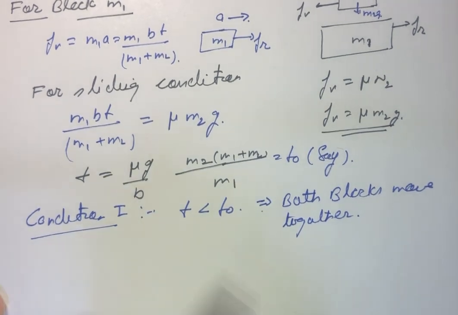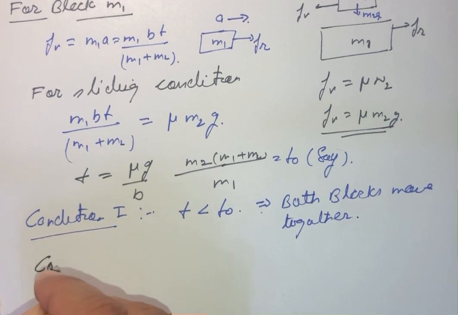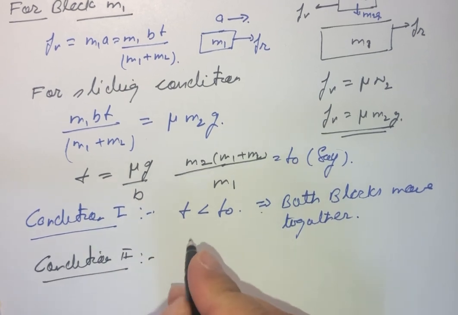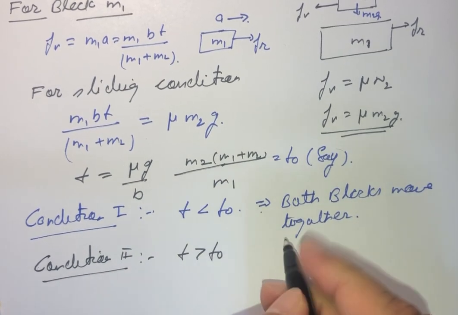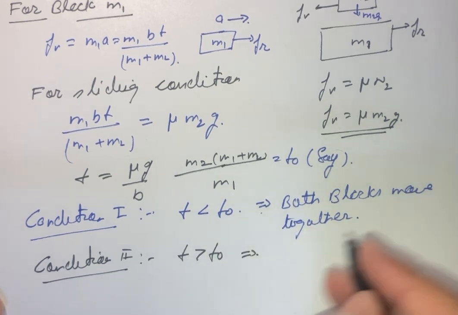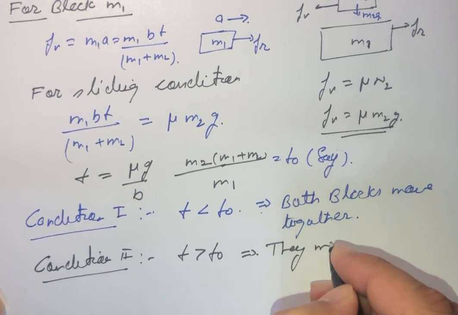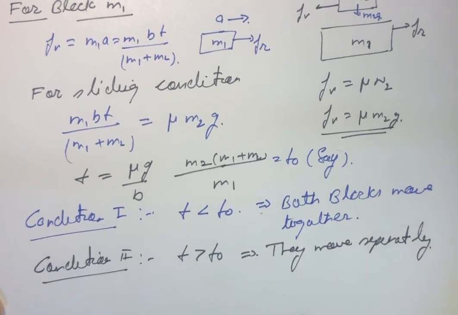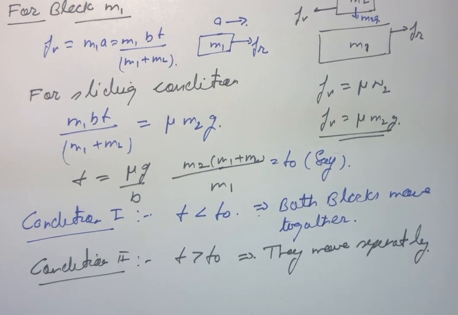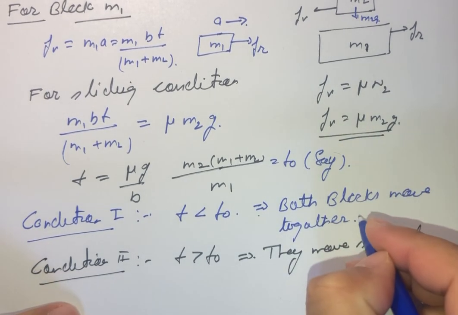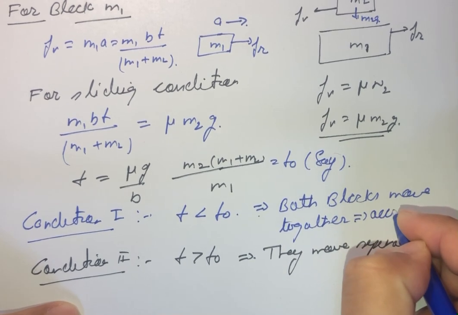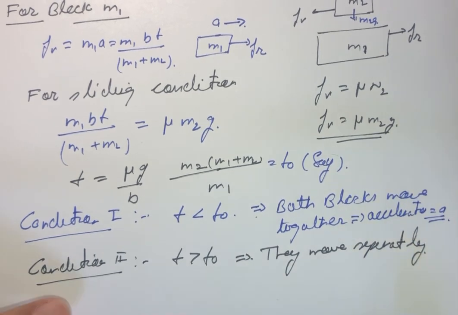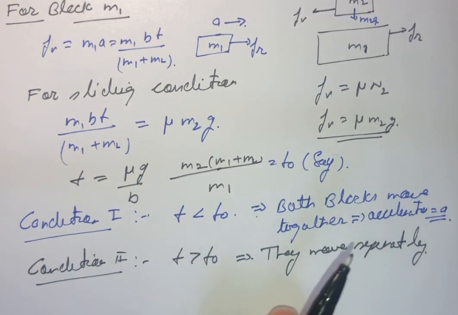And we have condition 2, which states that t is greater than t naught. So under this condition they move separately. And if they are moving together, then the acceleration will be a.